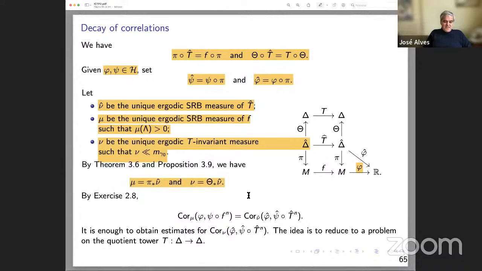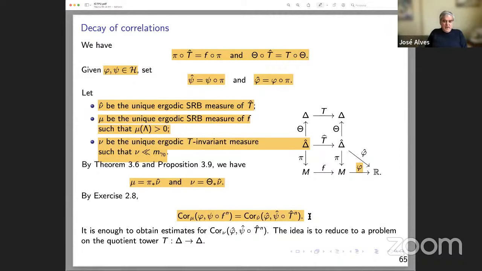By one of the exercises, whenever we have a semi-conjugacy, the exercise was stated in the endomorphism case, but there is nothing specific to the endomorphism.